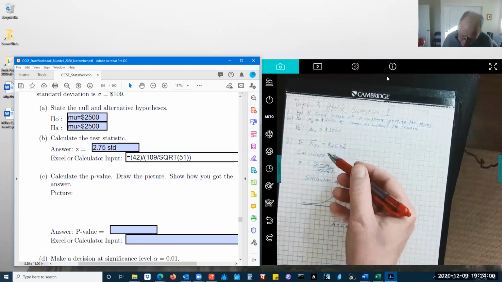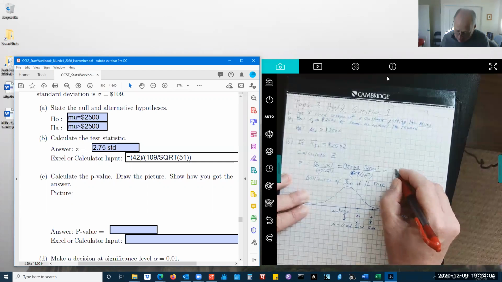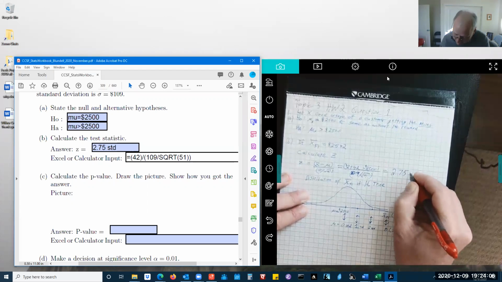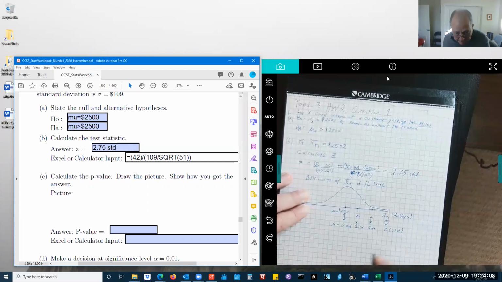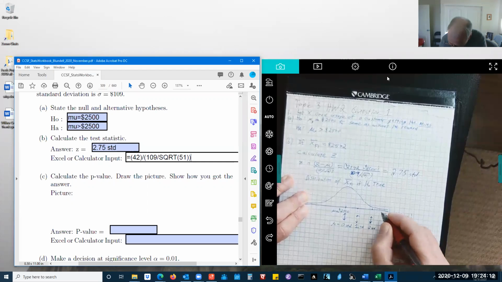But ours, this one time, happened to be 2542. Now that was 2.75 STDs. So that's 1, 2. It's over here getting pretty near the edge.